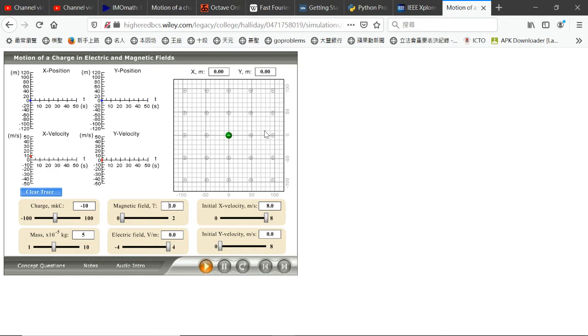Now how does the charge move? It should be somehow like this, because it has a velocity.